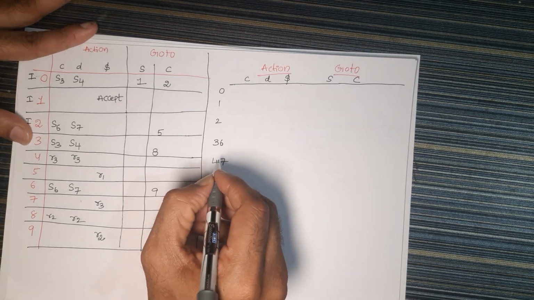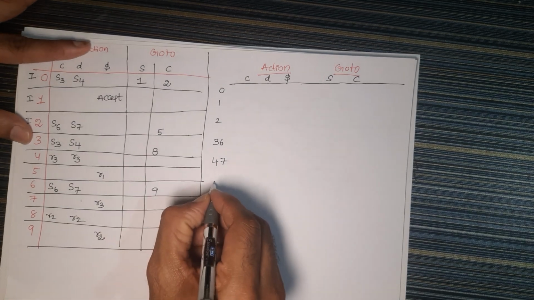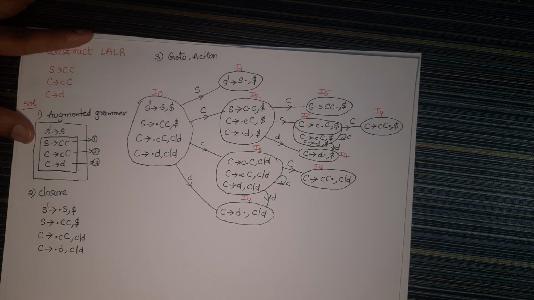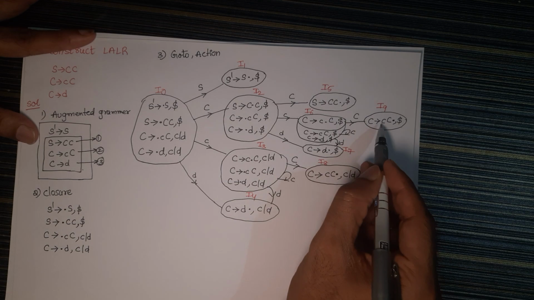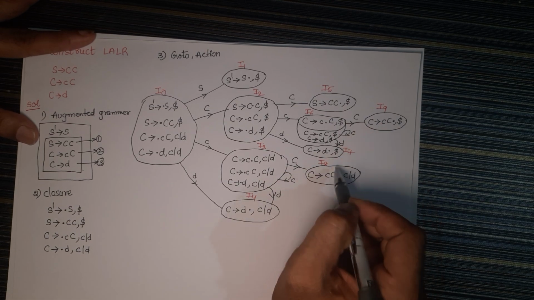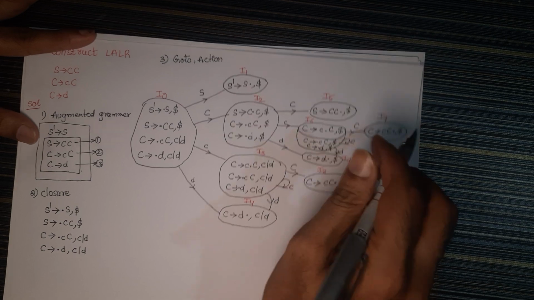Similarly, we can write 5 as it is. But if you see 8 and 9, C tends to CC dot with C by D, and C tends to CC dot with dollar, these two are also the same except for the lookahead symbols.